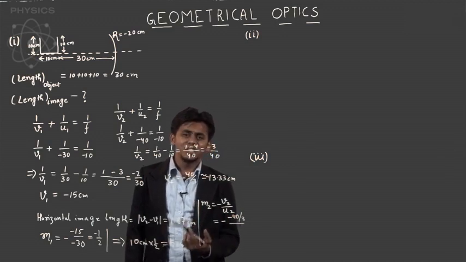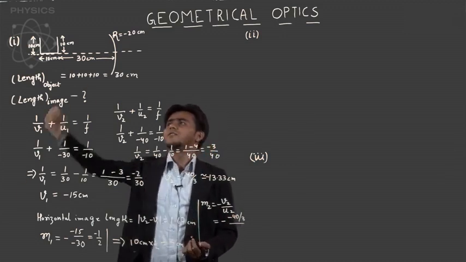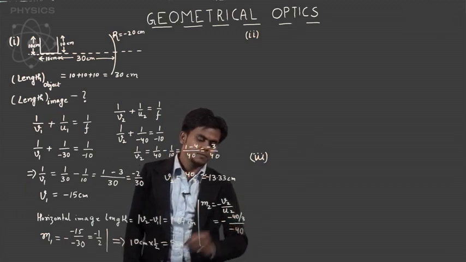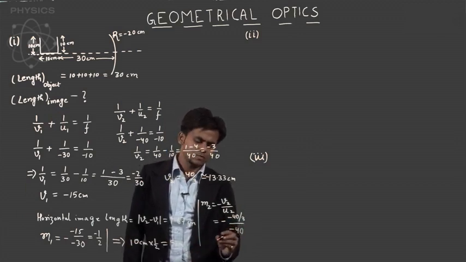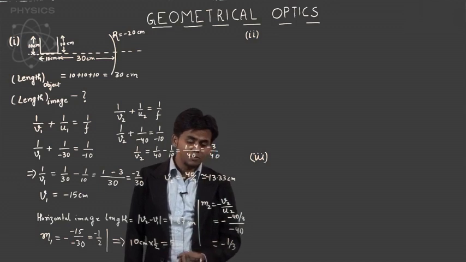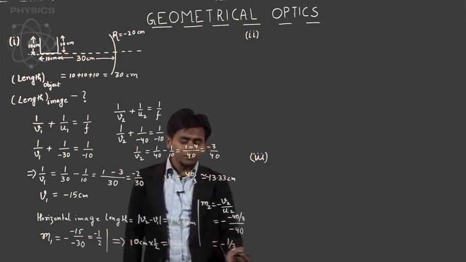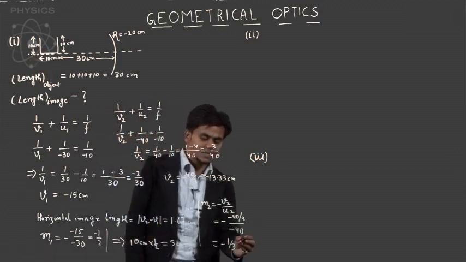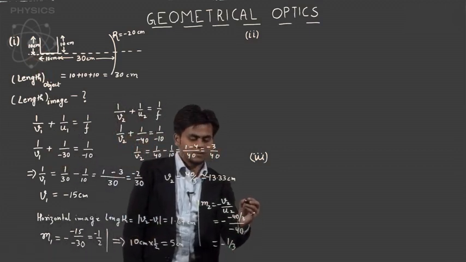U2 is essentially minus 40. That gives you how much? Minus 1 by 3, which means it would be of 1/3 length, this 10 centimeter guy.